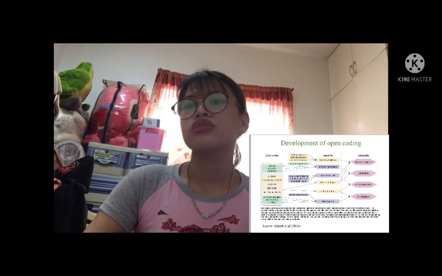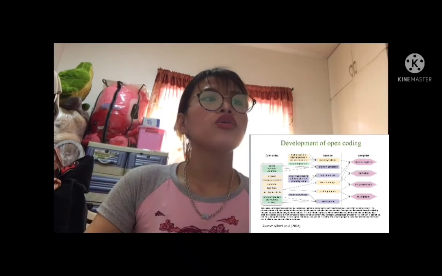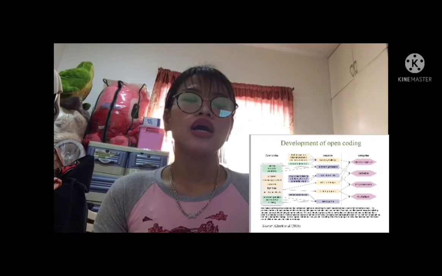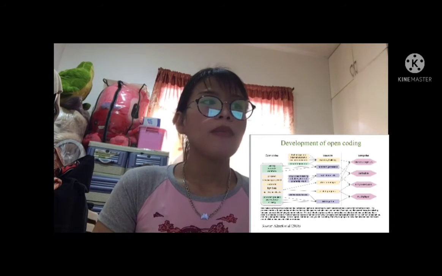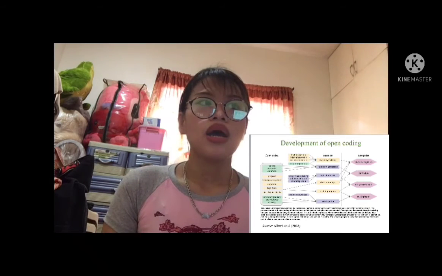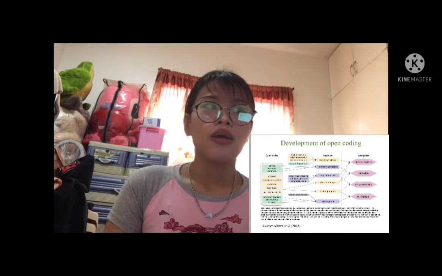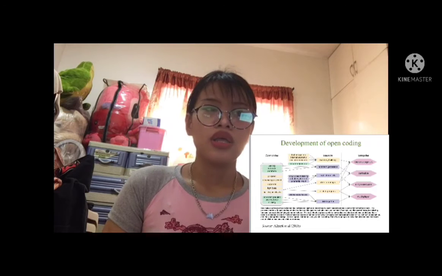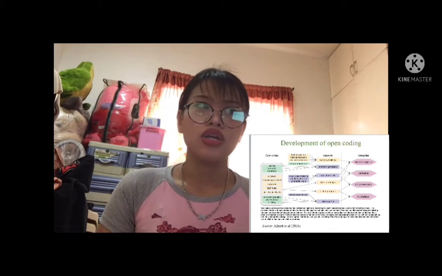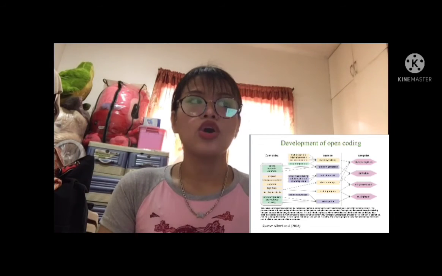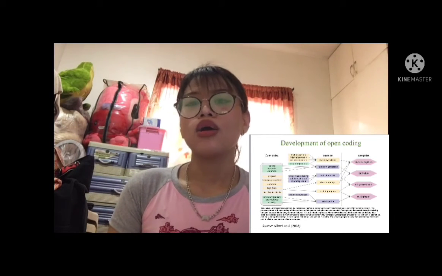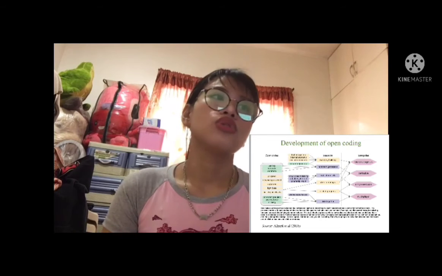So, sa open codes, ito yung mga codes, yung multiple codes na pumapasok doon para sa data na gagawin para makabuo ka ng categories. So, ayan, yung multiple codes nga, yun yung tinatawag na open codes. So, makikita nyo madaming mga codes dito, madaming nakasulat.